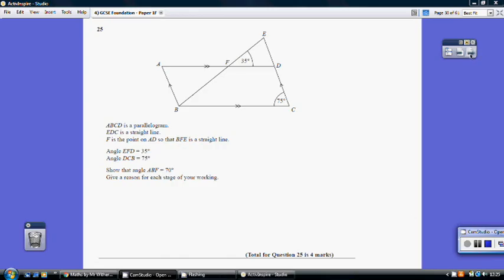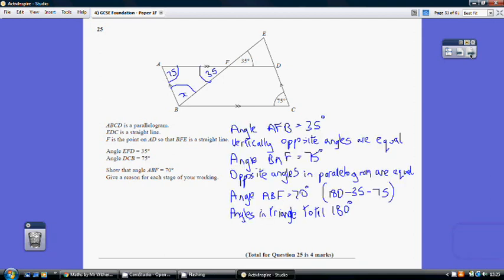Question 25. We need to show that angle ABF, A to B to F, so this angle that I've called x, is 70 degrees. First things first, we can say that this angle here, angle AFB, is also 35 because vertically opposite angles are equal.